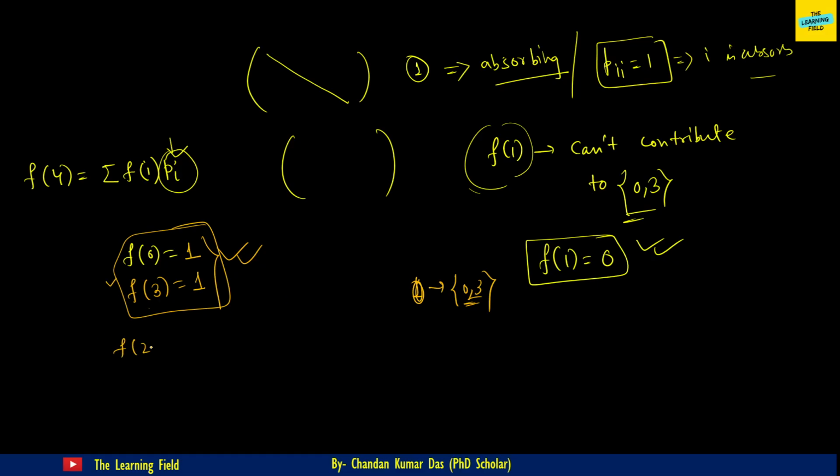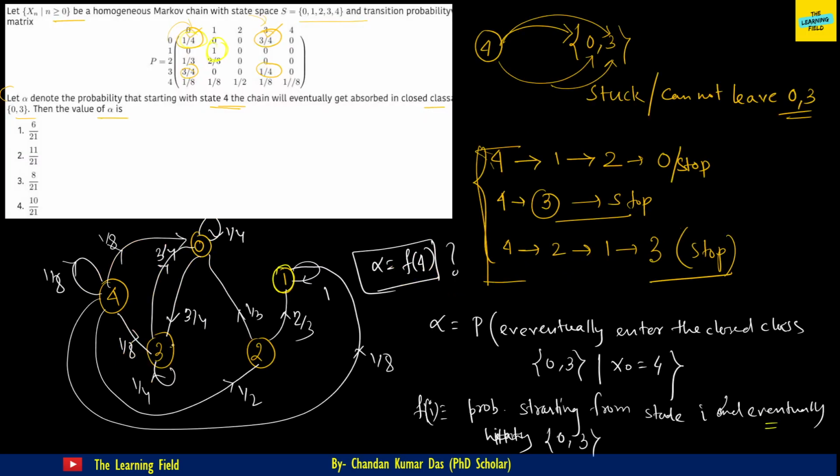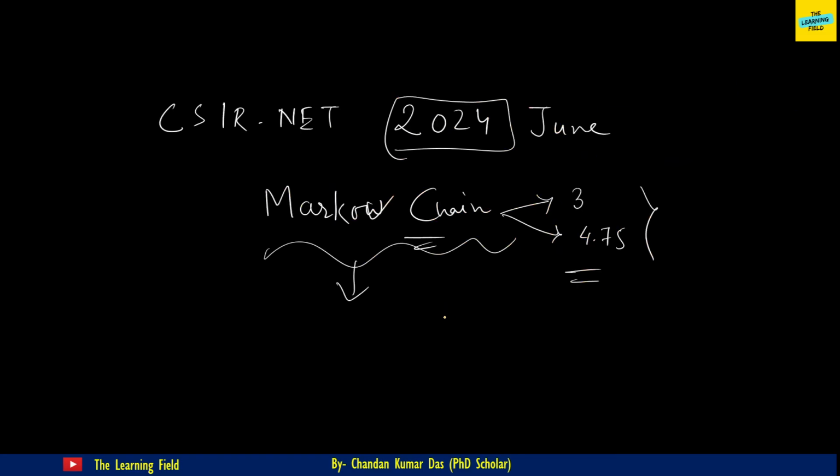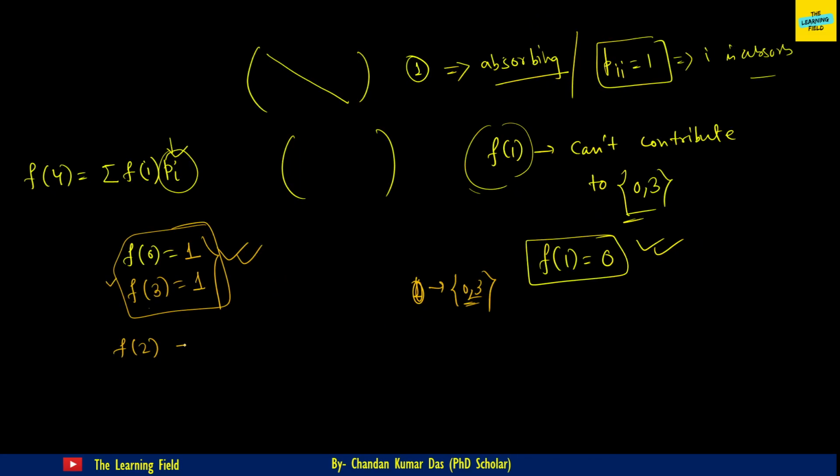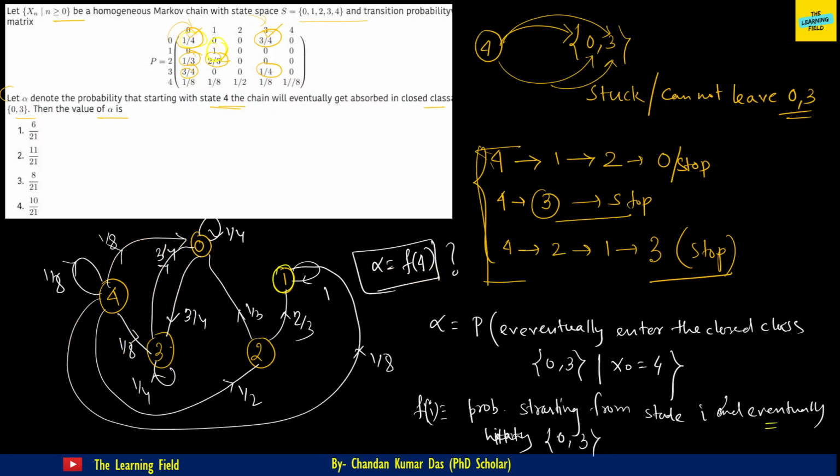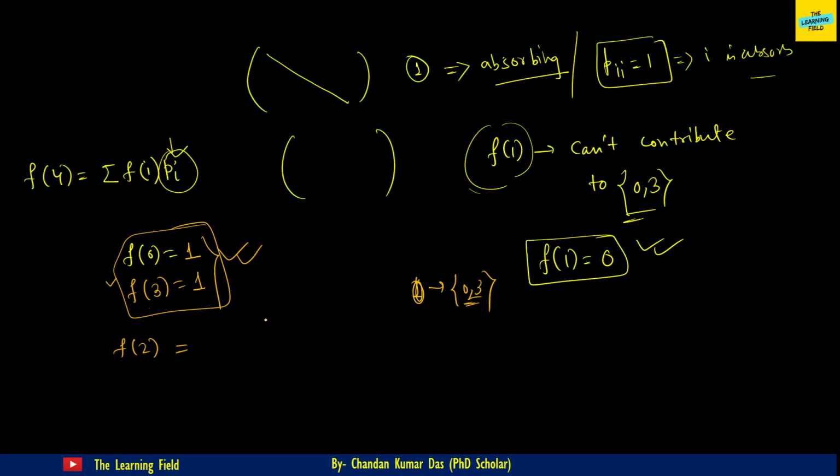Now what is the value of f2? f2 goes to 0, f2 goes to 1, and f2 goes to another state. This contribution is 0 because 1 is another absorbing state, and 1 does not belong to {0, 3}. So what is the value of f2? From here, this value is 1 by 3, and f1 means 1.